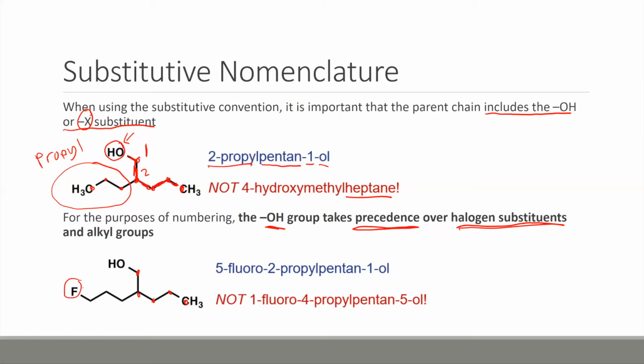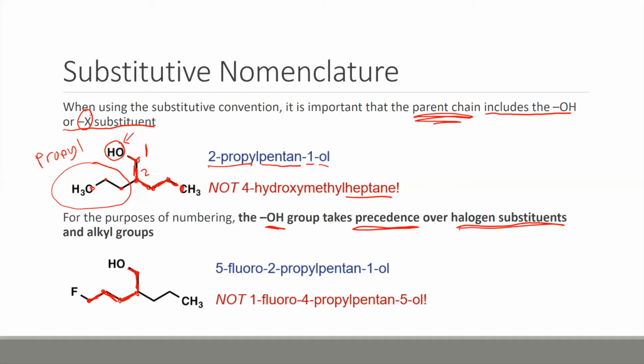There is a way that you can connect both into a chain, and that's if you start from this end, 1, 2, 3, 4, 5. So this chain connects both the OH and the halide group into the main parent chain. I know, a little bit tricky there.